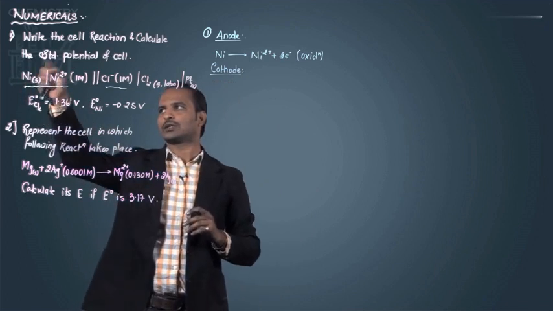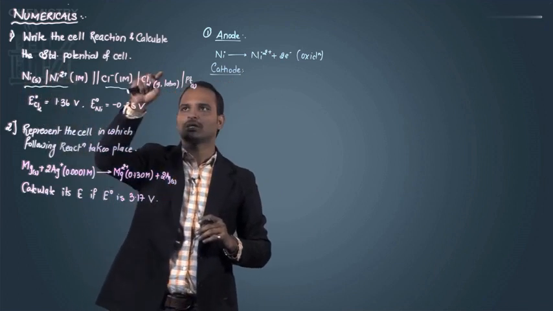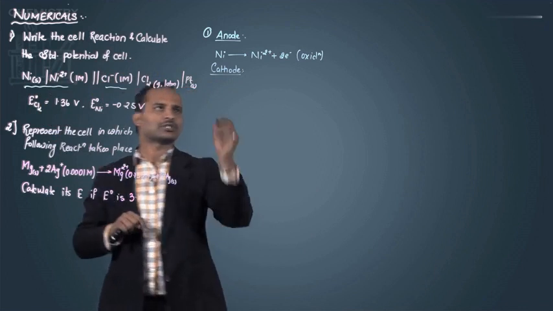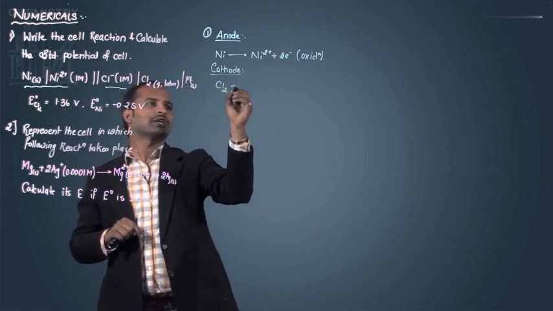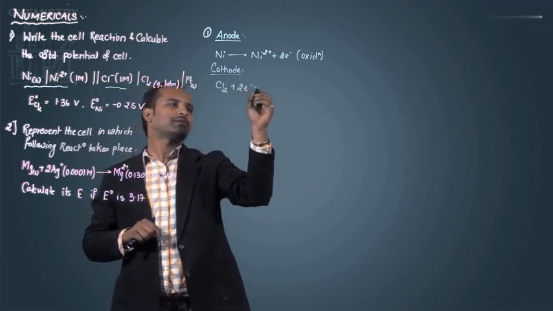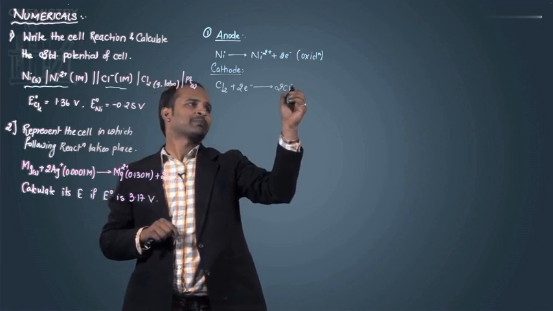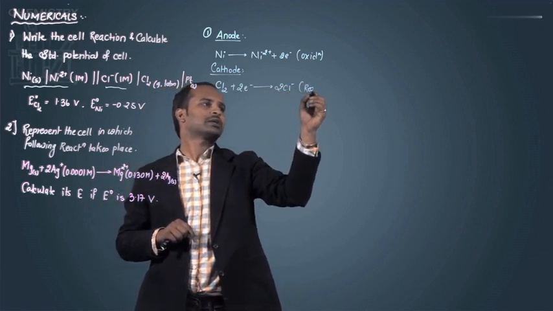Cl2, that is chlorine, will gain 2 electrons and give 2 Cl minus. It is a gain of electrons, so it is a reduction.